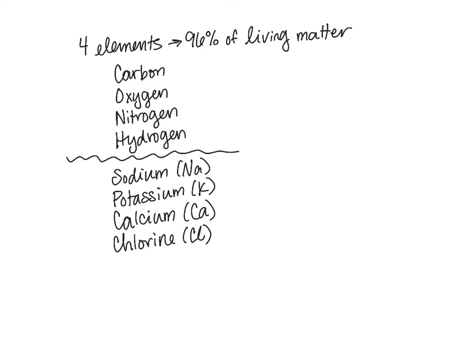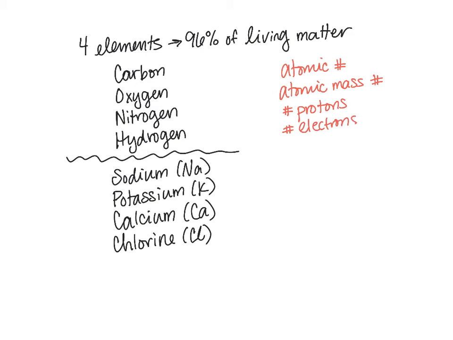So it would be a good idea to pause the video right now and test your knowledge of how to find the atomic number using the periodic table, the atomic mass number using the periodic table for all of these elements, and then figuring out how many protons are in each atom of each element, the number of electrons, and the number of neutrons.